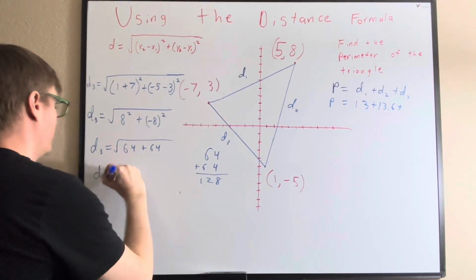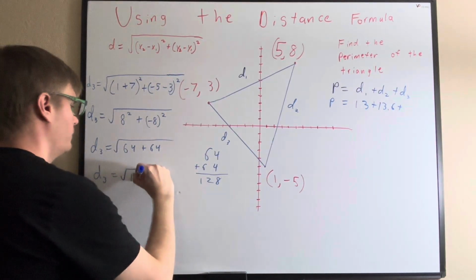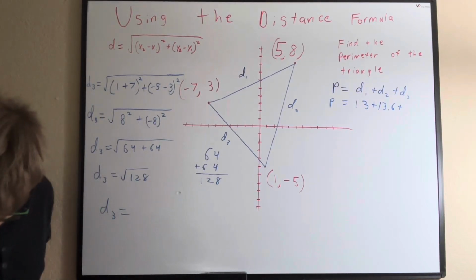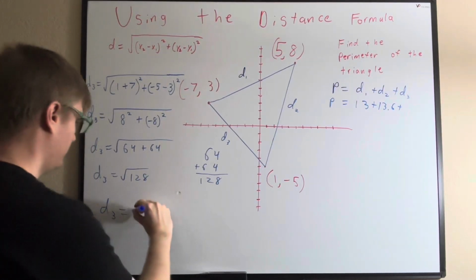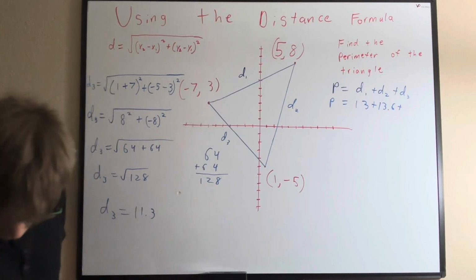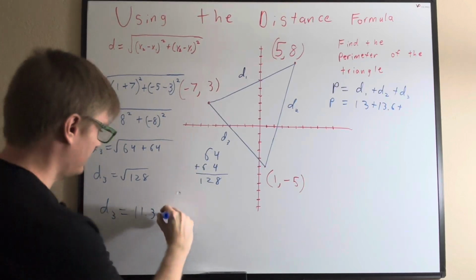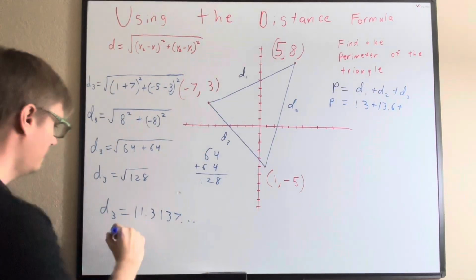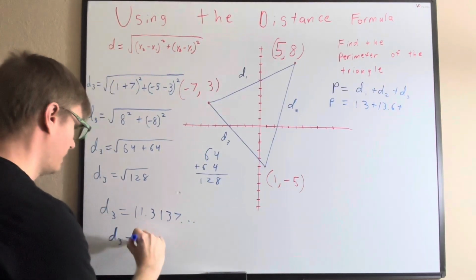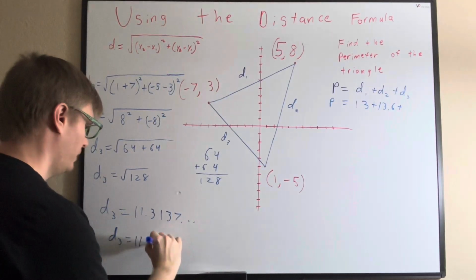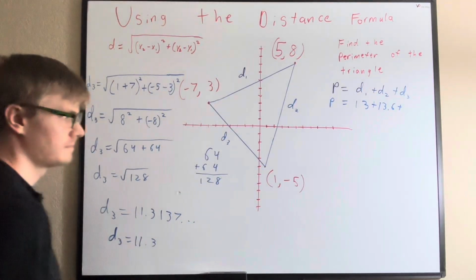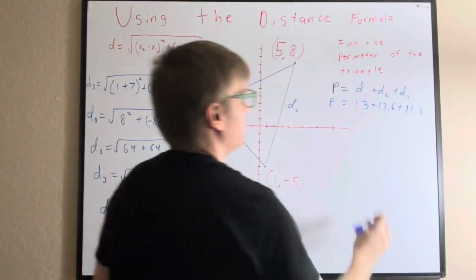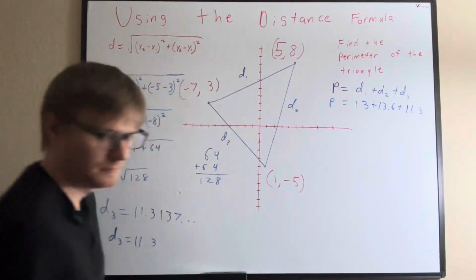So D3 is the square root of 128, which is 11.3137, blah, blah, blah. It goes on forever. So we're going to round down again to 11.3. And that is our D3. And so now we can add all those together.